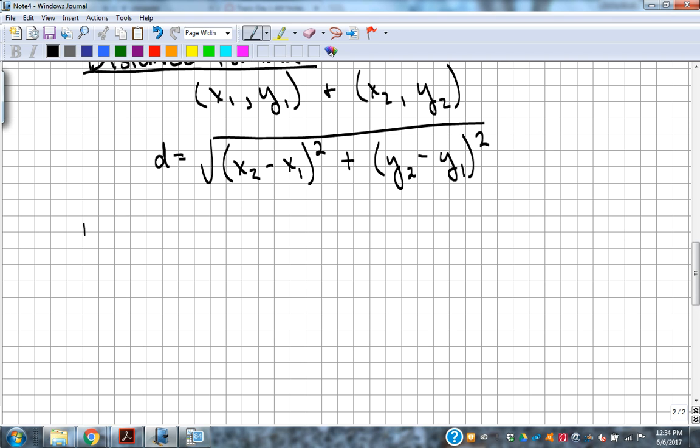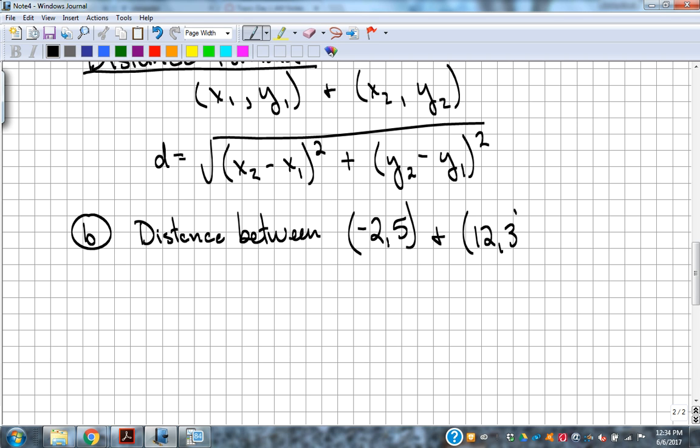so let's do an example with a couple of ordered pairs. So let's find the distance between negative 2, 5, and 12, 3. So we're going to take our distance formula.